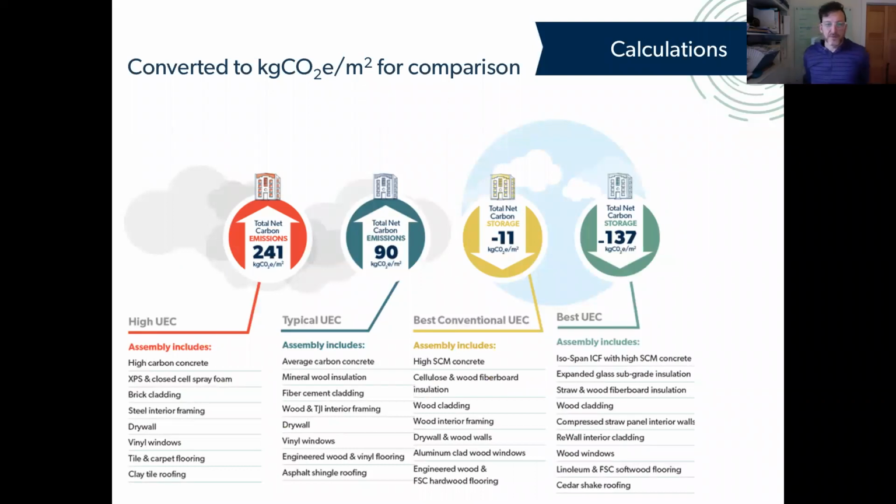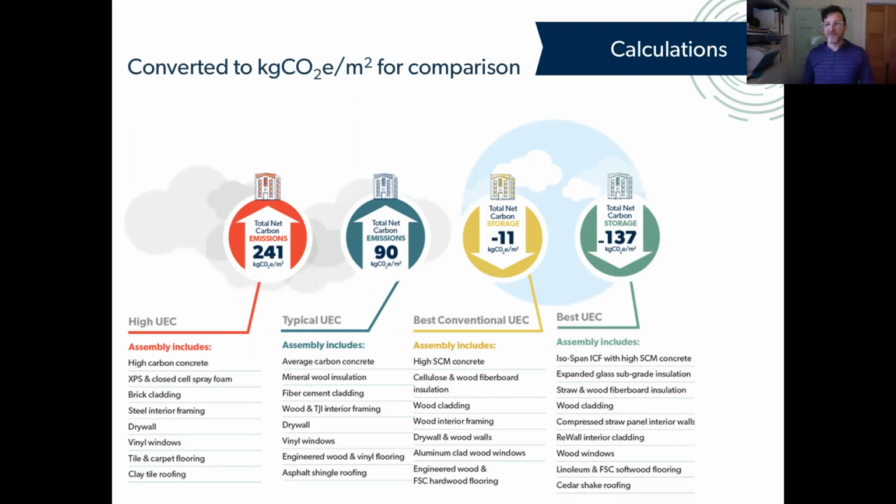And so once I've done a whole building, what I like to do is convert the total carbon footprint to emissions per square meter. And that makes it easier to compare across different buildings. So my 4-story MURB in its most intense form had 241 kilograms of emissions per square meter. My best model stored 137 kilograms per square meter.